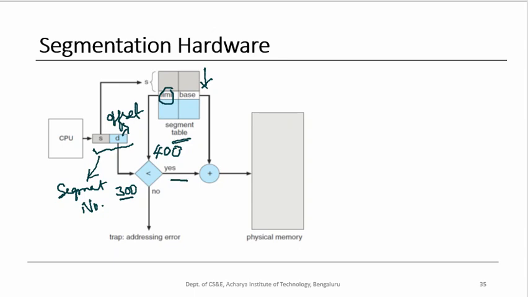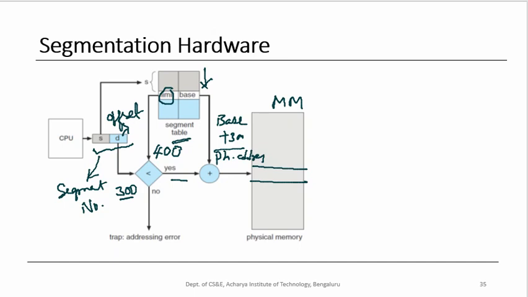Therefore this 300 is added to the base value present in the segment register, and that gives you the physical address. Hope you are able to understand. This physical address is used to refer to a particular byte in the main memory, or the physical memory.